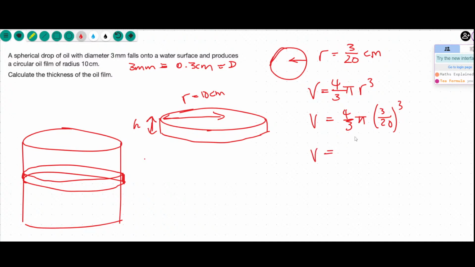27 times 4. We got 108, if I can find my pen. And then we've got 20 cubed, which is 8,000 times 3. So we've got 24. I mean, is this the right place for a fraction? It's getting a bit crazy.